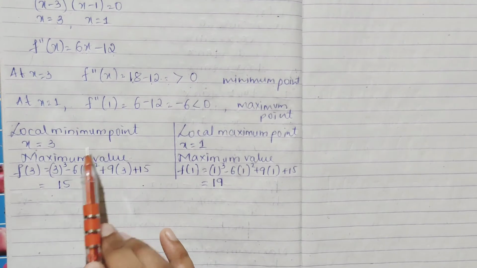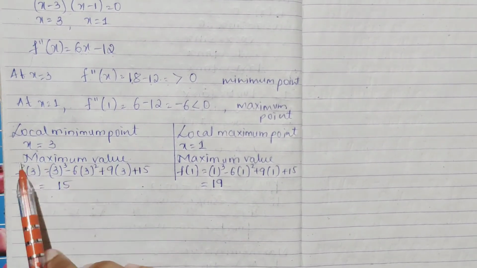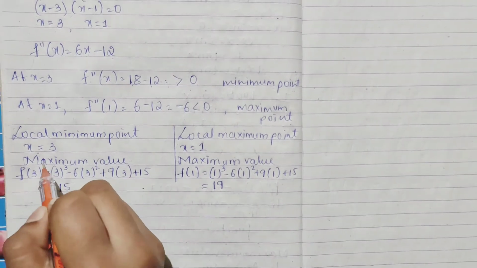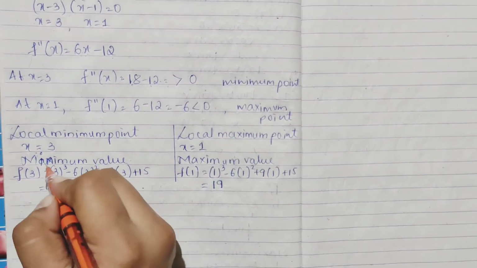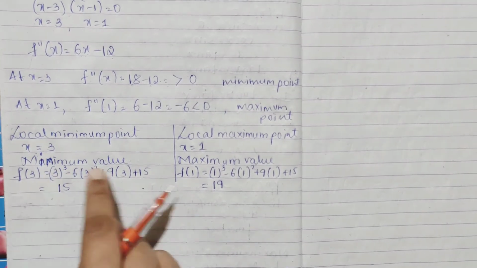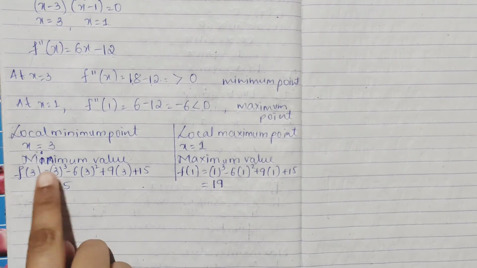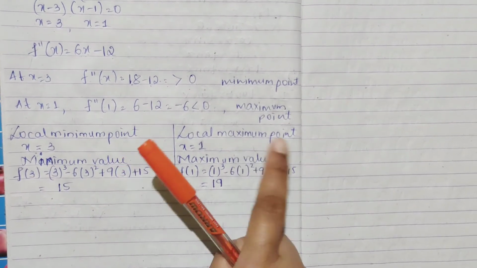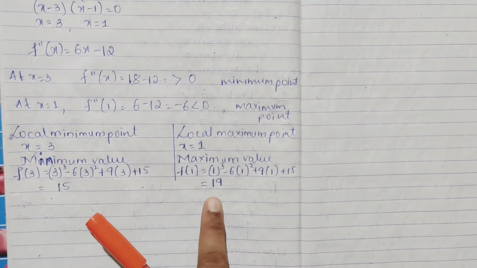So your local minimum point is at x is equal to 3. This is the minimum value: put x as 3 in f of x, you will get 15. Local maximum point is 1, your maximum value f of 1, you are getting 19.